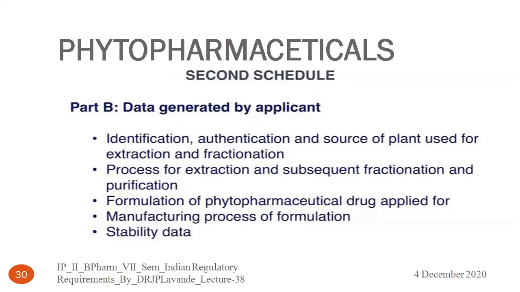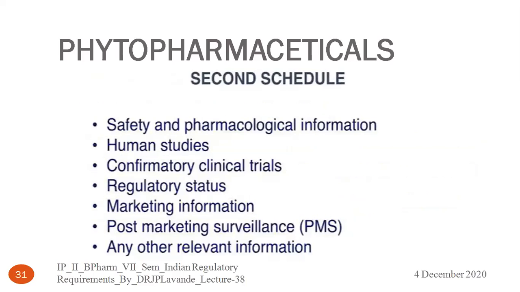So part B will consist of the identification, authentication, and the source of the plant that is used for extraction and fractionation. It will also consist of the different processes for the extraction and subsequent fractionation and purification. Then the formulation of the phytopharmaceutical drug to be applied, the process of manufacturing of the formulation, and the stability data associated with the phytopharmaceutical.